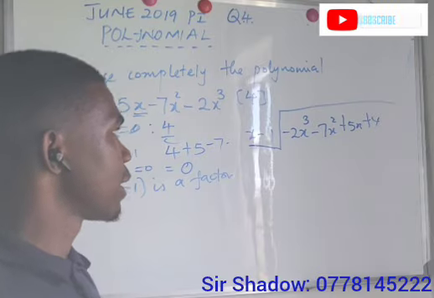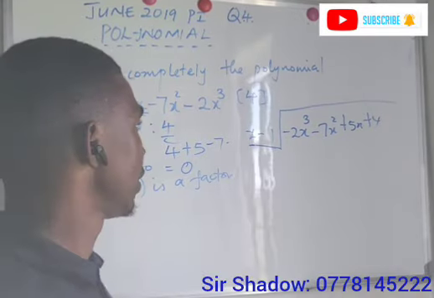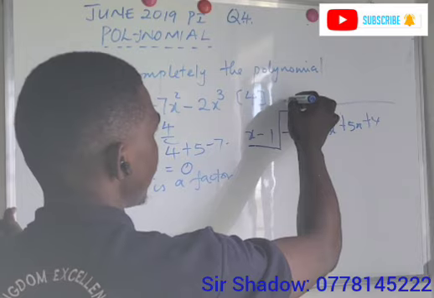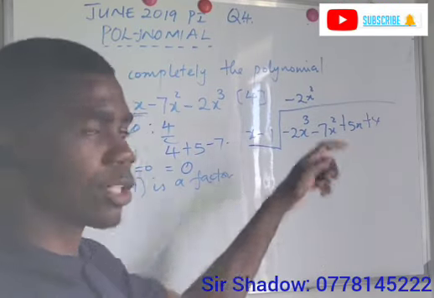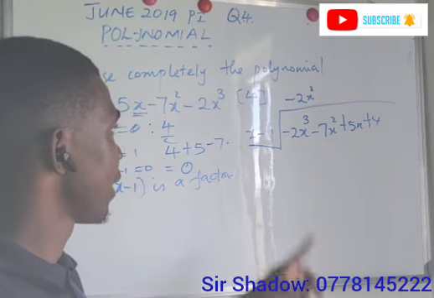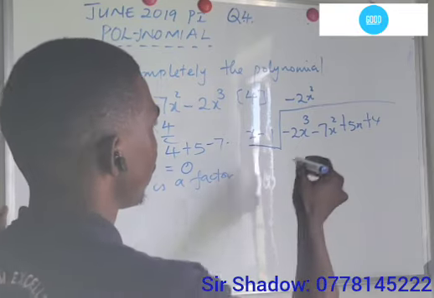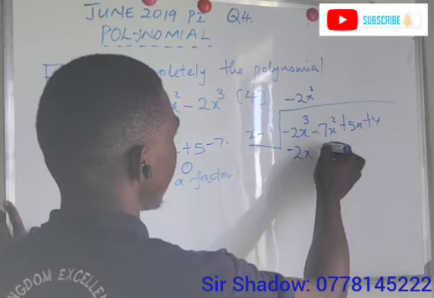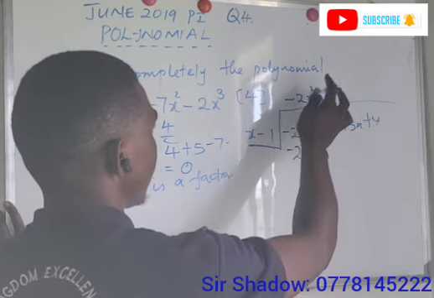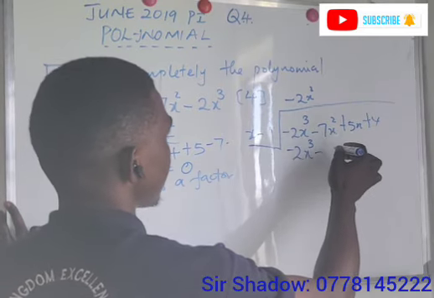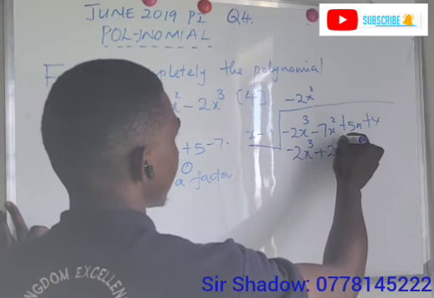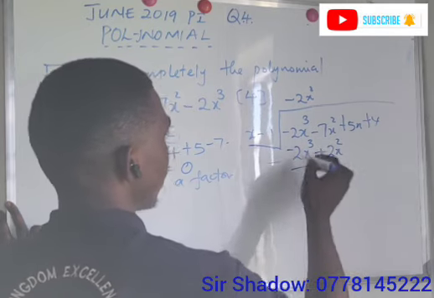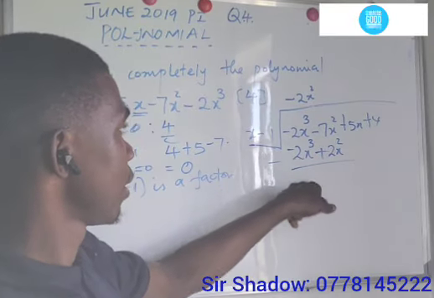Now x into minus 2x cubed is minus 2x squared. Minus 2x squared multiplied by x gives minus 2x cubed, and by minus 1 gives plus 2x squared. Then subtracting, this becomes 0.